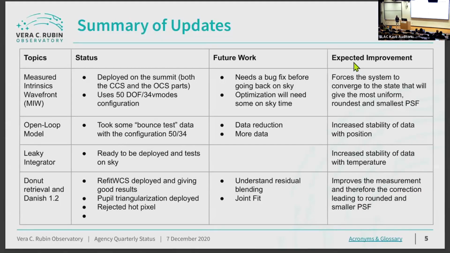Leaky integrator, so that is work by Craig Lage, and it is to make sure that any other perturbation in the system is taken into account as we are closing that loop. So for instance, we know we have some temperature drifts.